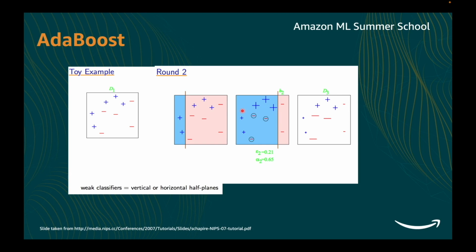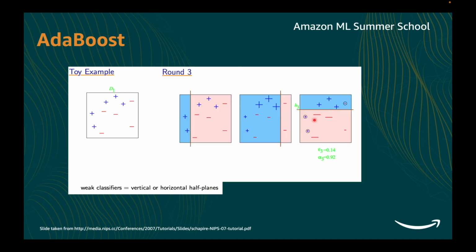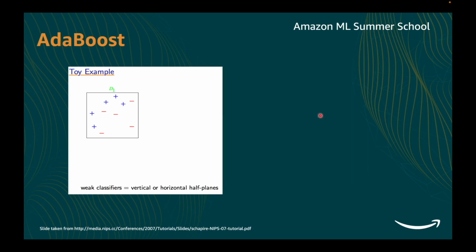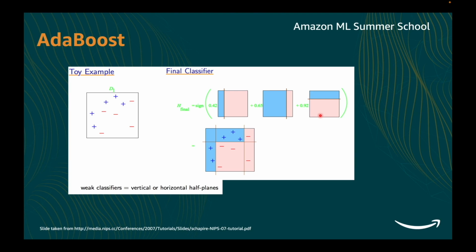So in round number 2, you have a second classifier, which is now incorrectly predicting these ones. And these ones are then given a higher weightage in the next round. Round number 3, these ones are given a higher weightage, and so on and so forth.